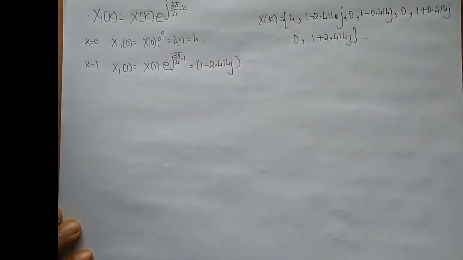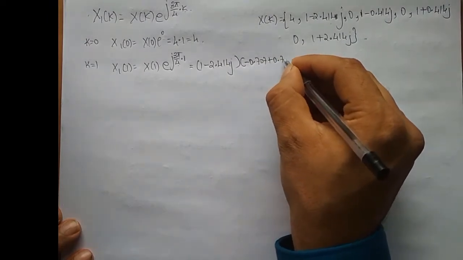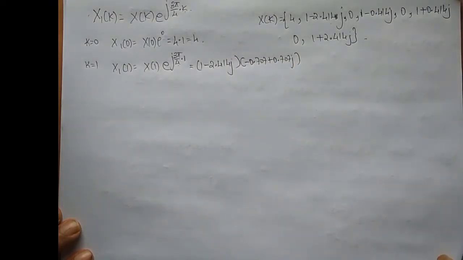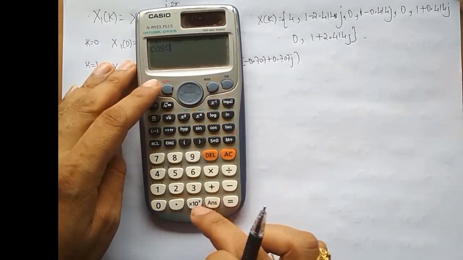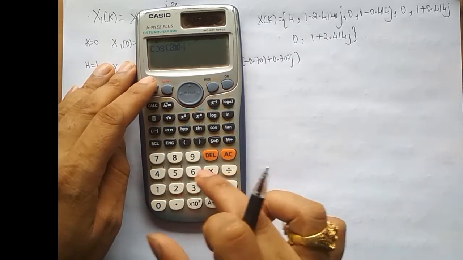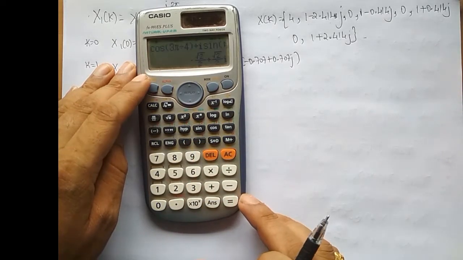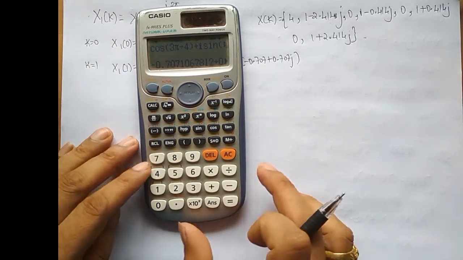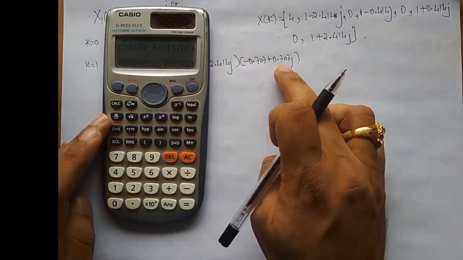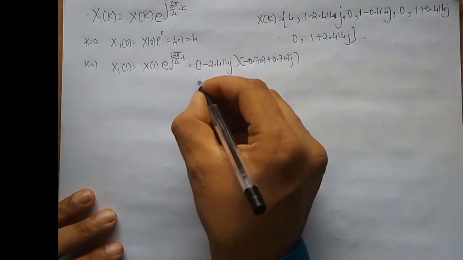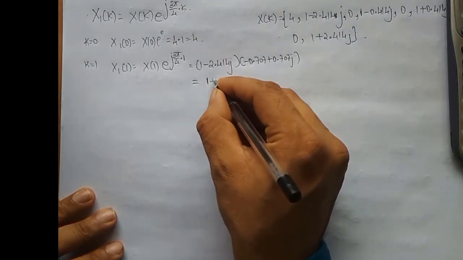So e power j 3 pi by 4 is cos 3 pi by 4 plus j sine 3 pi by 4, which gives minus 0.707 plus 0.707j, right?